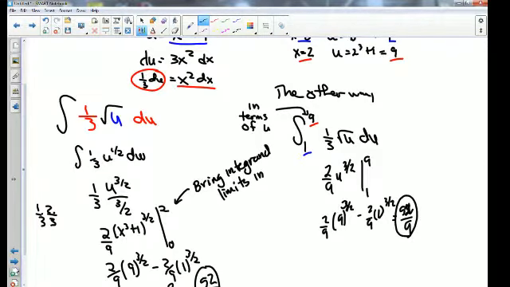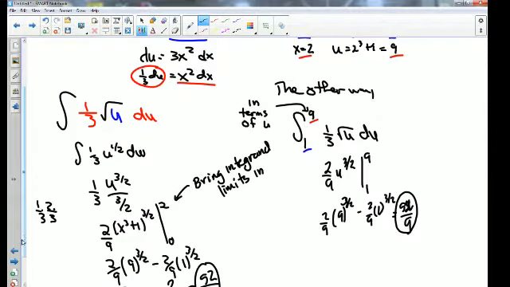So can it pop up either way on the exam? On a multiple choice, the answer's the same. I think you're going to have a choice between the two methods. If it's a definite integral, you'll get the same answer either way in multiple choice, versus a free response where you can choose either method.